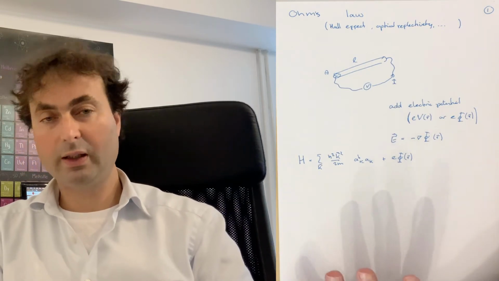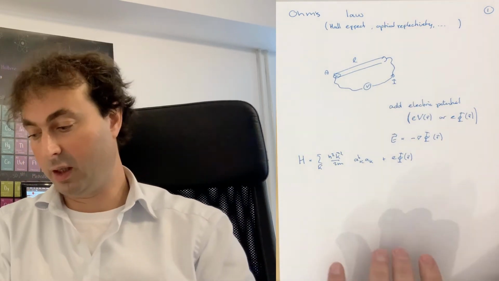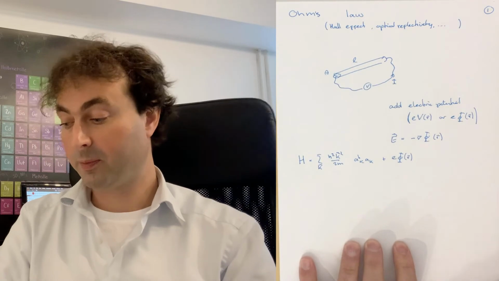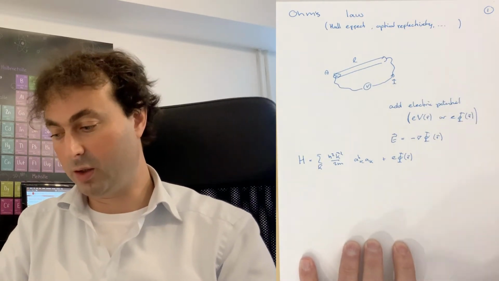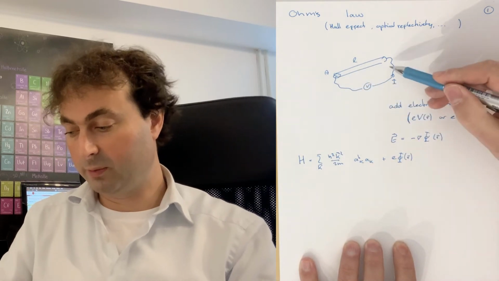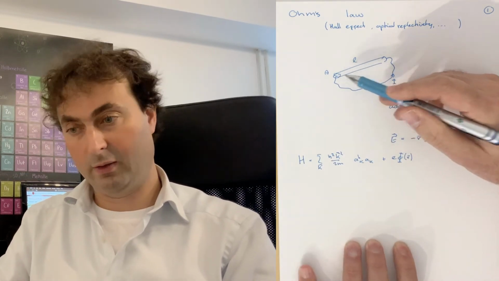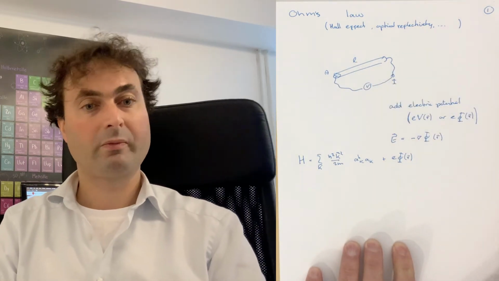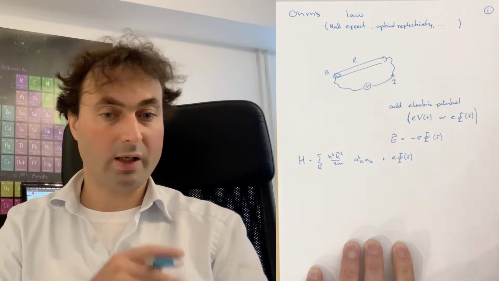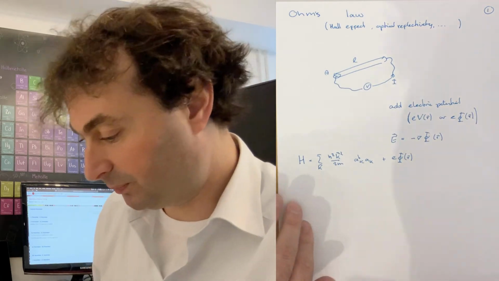So this is not something that we want to look at the stationary states for. Now what we do in the experiment is also not a stationary situation. We have our solid, which is near its ground state, then we add a potential and electrons start to move. So we definitely do not want to look at the stationary solutions of this Hamiltonian.